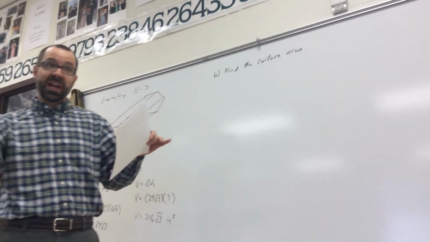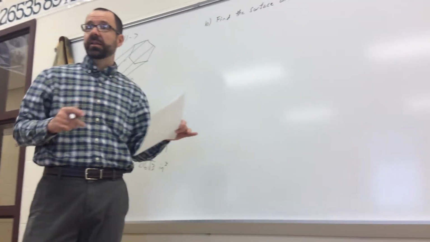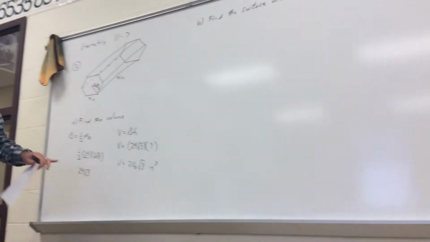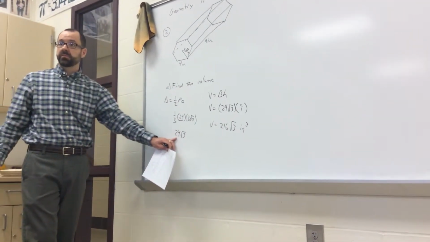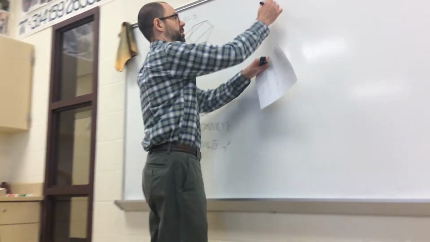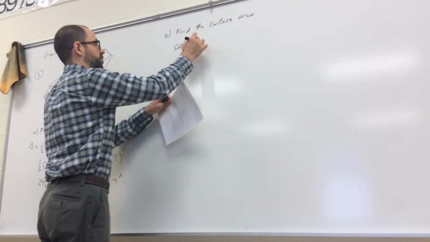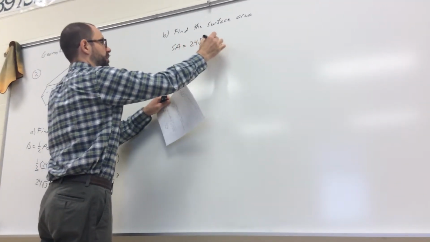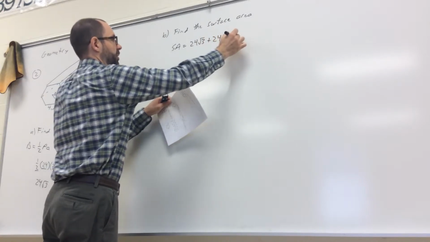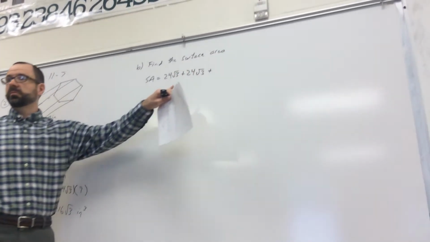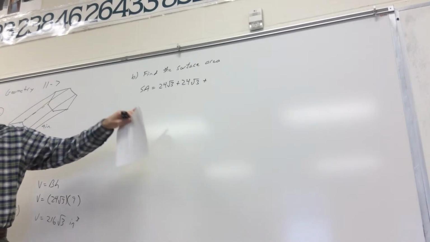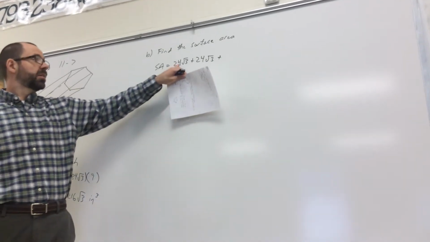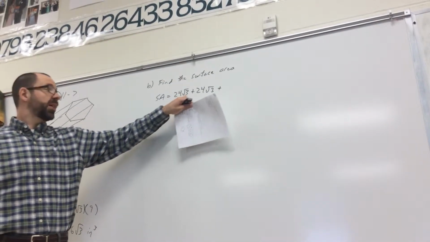So that's going to include the hexagon in the front and the hexagon in the back. And we've already got the area of the hexagon. So 24 root 3 plus 24 root 3. So we're finding the surface area, which is the area of all the outside figures. So far we've got the hexagon plus the other hexagon.